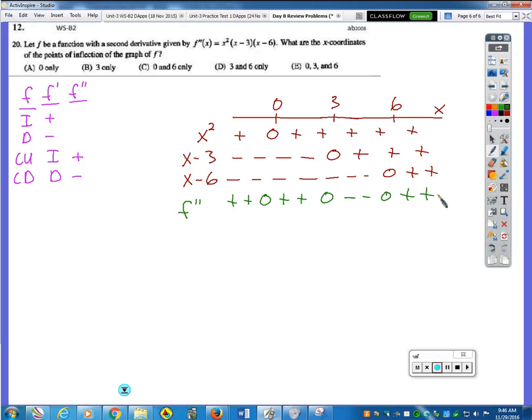Taking notes still, wait a second. Please. So why on the f double prime, to the left of 0, x squared would be positive, all the rest would be negative. Wouldn't that make f double prime negative? Let me say it back to you, then you'll see it. All right. So let's pick a value just to make it easier to talk about, say like -1.